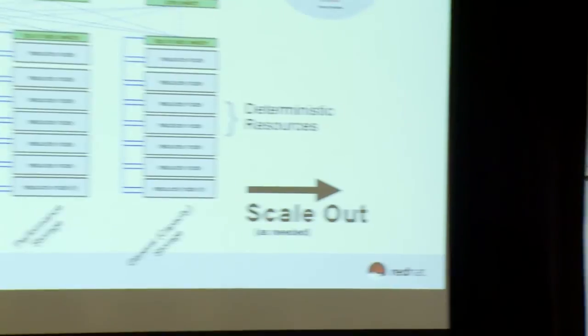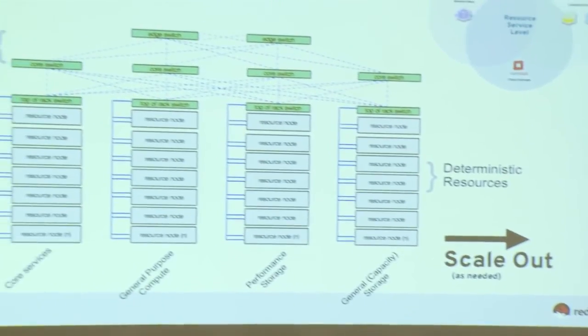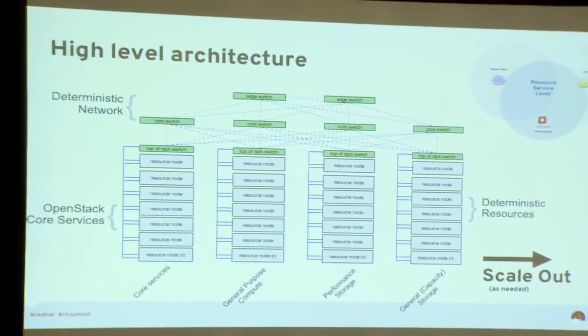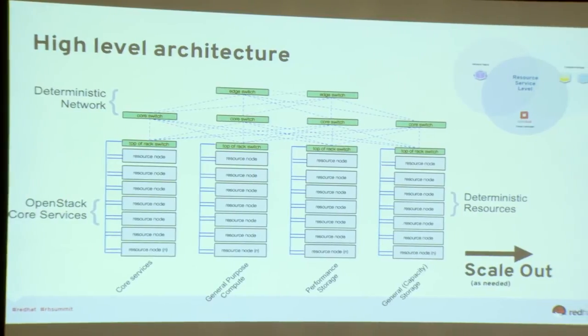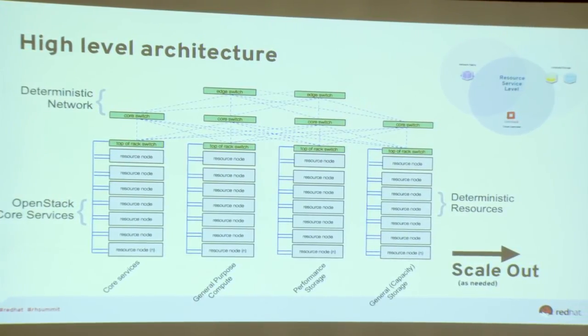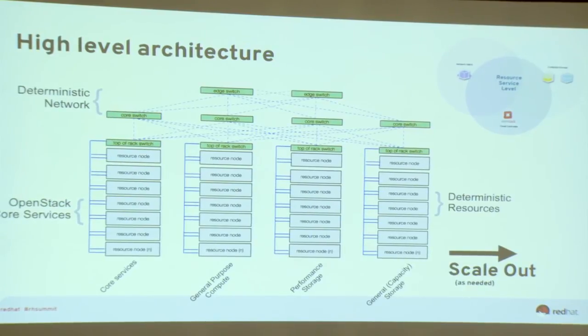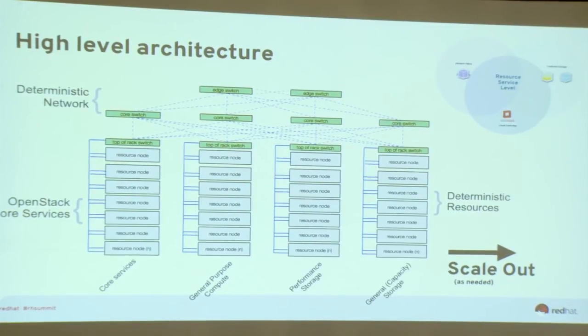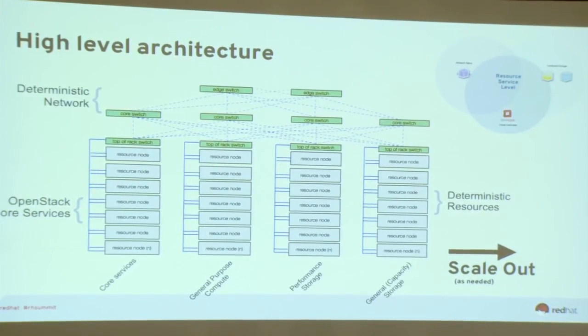Now, if you go back to the very first picture you showed between enterprise network and cloud network, this looks the same as the enterprise. I mean, you have your edge switches, your core, and your top of rack. It's very similar. So it does look similar, but it's not, because we have non-blocking I/O.